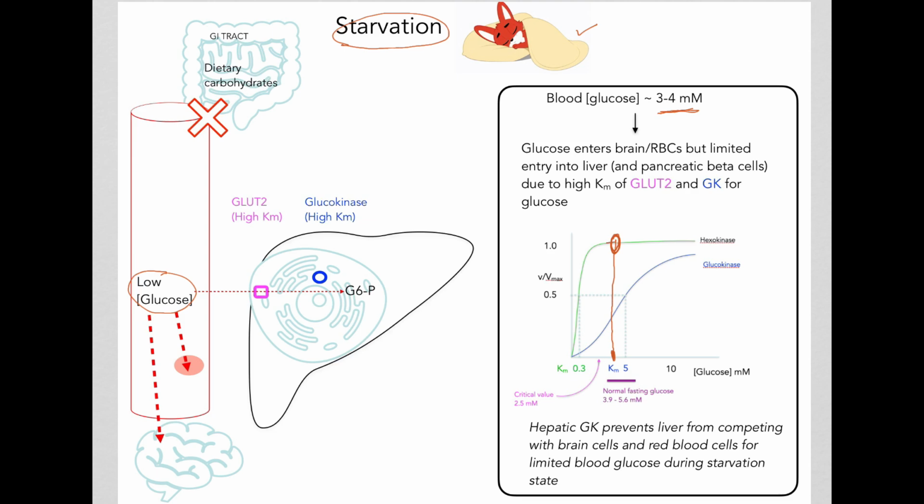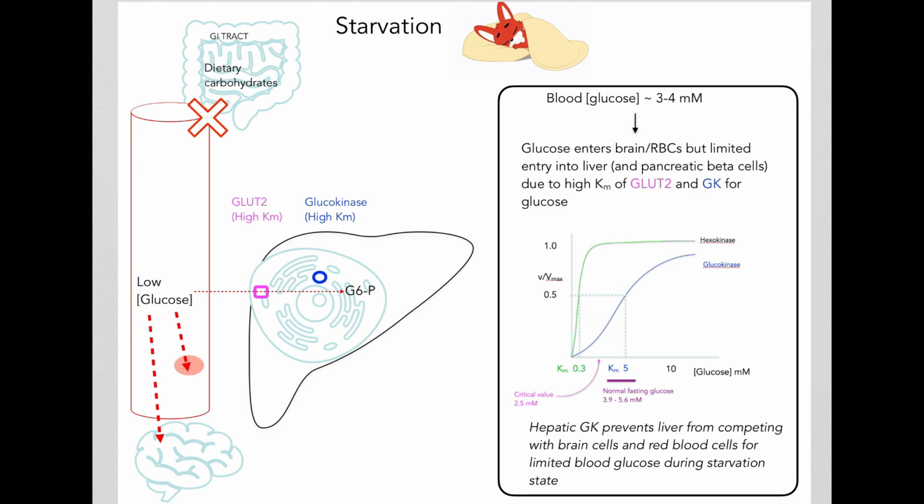So you can see they're working at 100% Vmax. However, for glucokinase, we see that this enzyme present in the beta cells of the pancreas as well as the liver hepatocytes is working only about, maybe about 30% Vmax due to its very high Km for glucose.